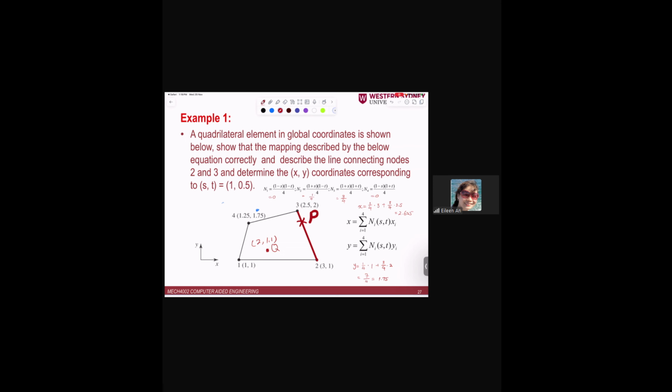I wonder what this point is in the ST coordinate system? Yes, you do the same thing, solve for the shape function. Really complicated. It looks very complicated this time, right?